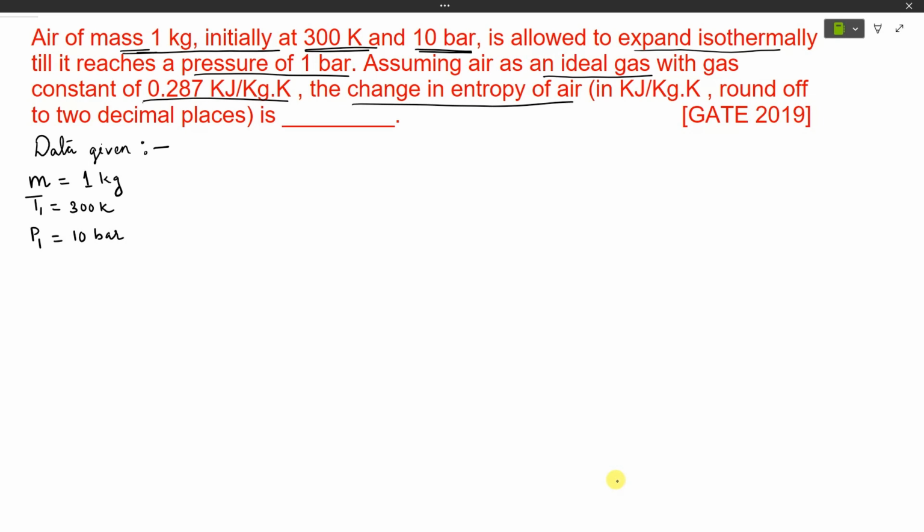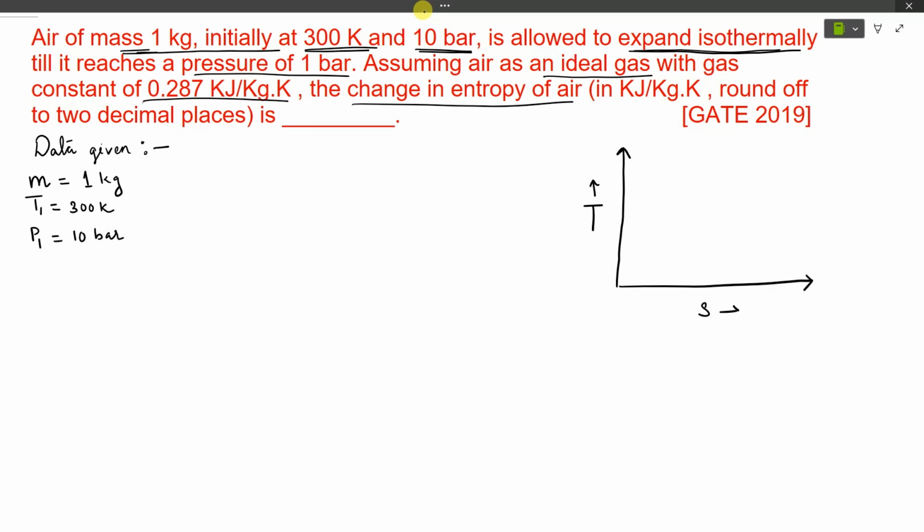Now, according to the question, the air expands isothermally. So let's understand the expansion process according to a coordinate diagram. Let's consider the coordinate diagram to be a TS diagram.